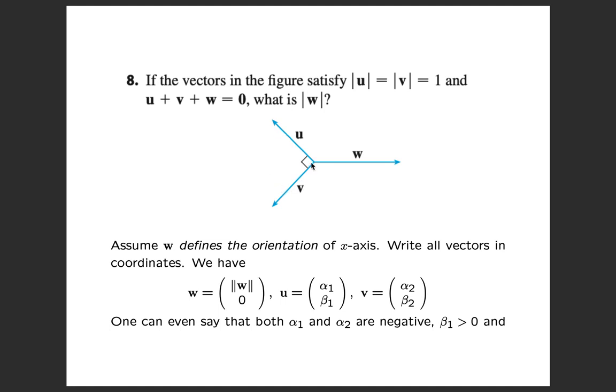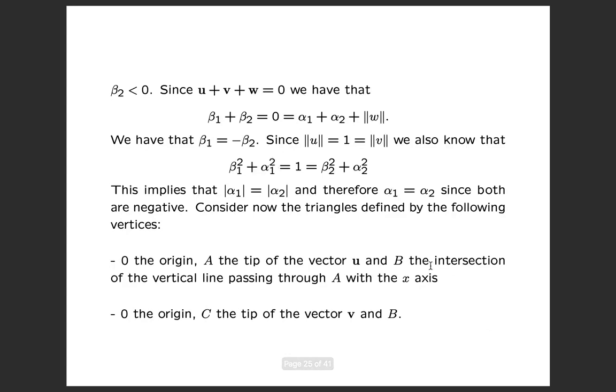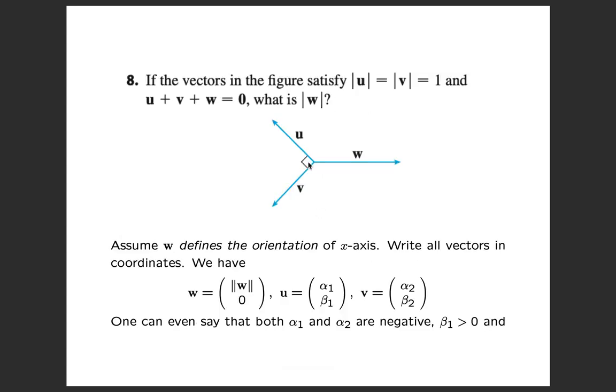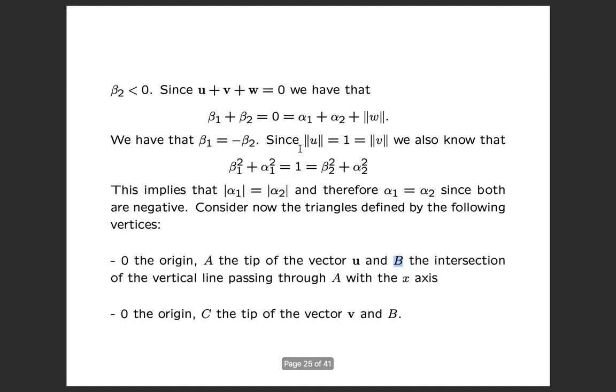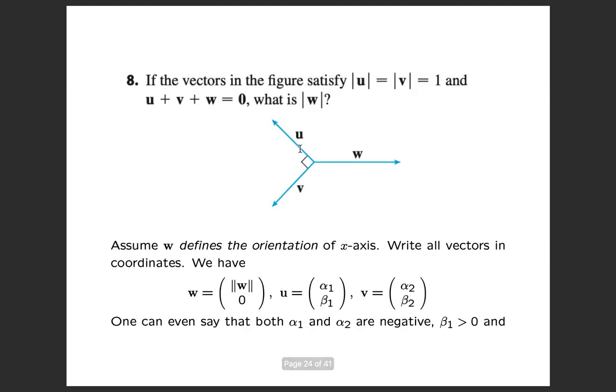Or if you look at this small triangle, starting from this point, which I call the point B, the angle between the vector u and the x-axis is also pi over 4. So what do we have?